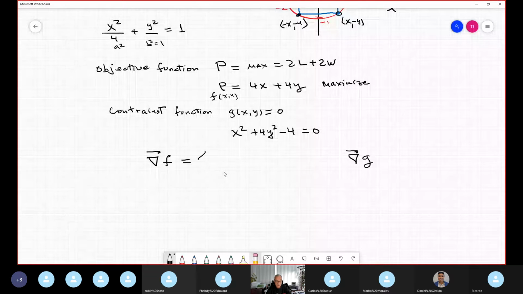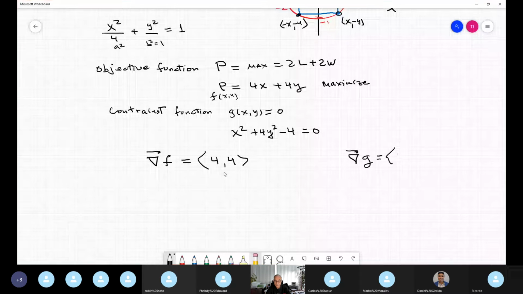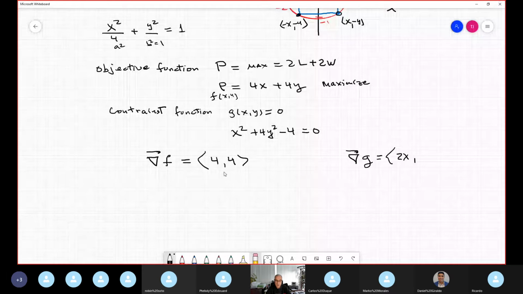The gradient for this one is 4, 4, because when you differentiate this with respect to x, it's 4, and with respect to y, it's 4. This is my gradient. And the gradient of this one is different: differentiate with respect to x is 2x, and with respect to y is 8y.